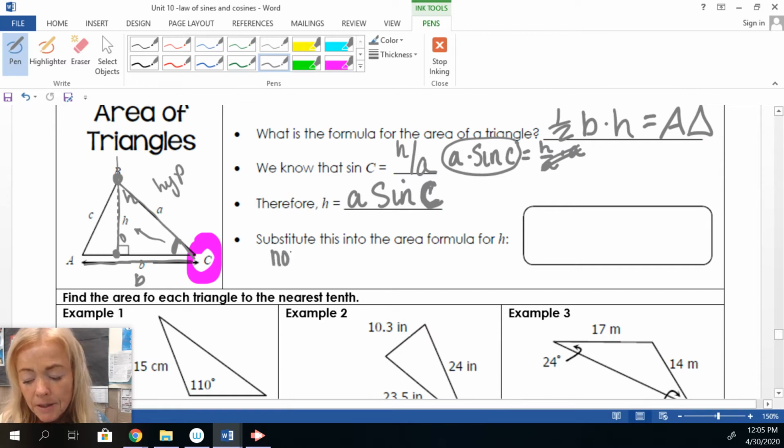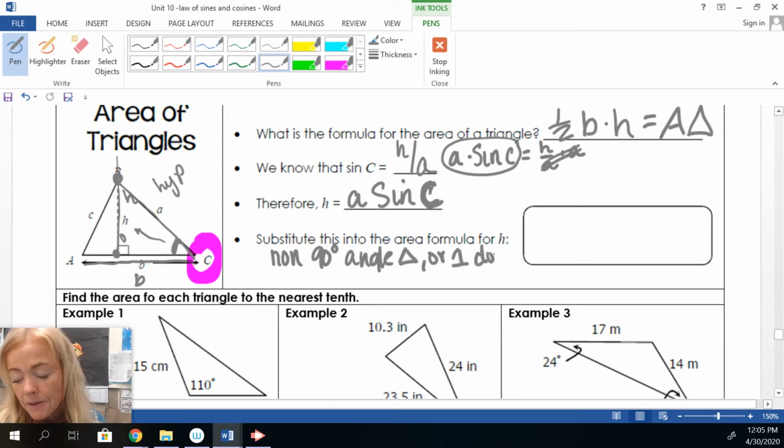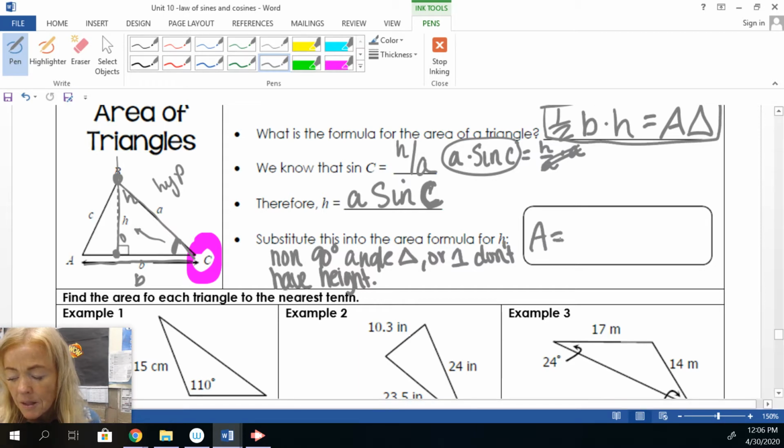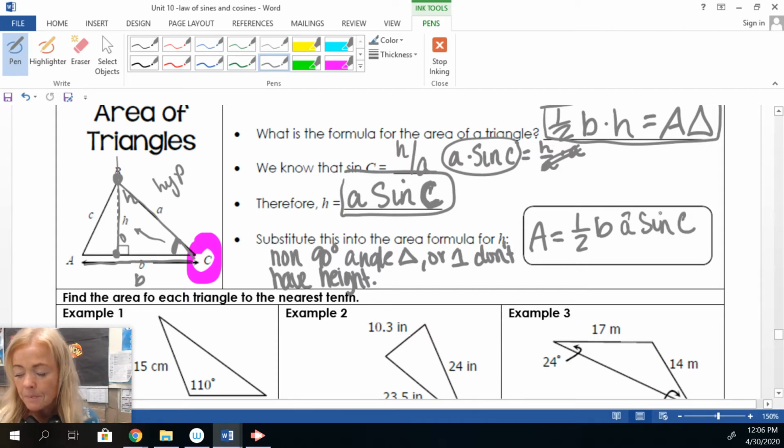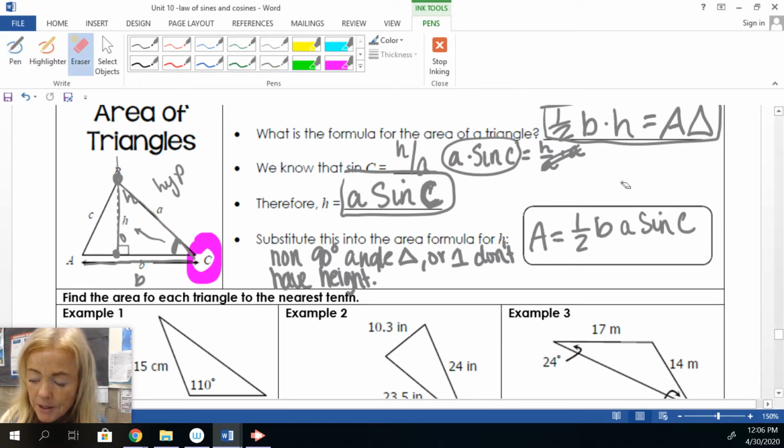So for a non-90 degree angle triangle, or one where you don't have the height, we have trig to help us with our actual area of a triangle, and we're going to use this formula: area equals 1/2 base, and then we replace height with A sine C. And that C is a big C, it's an angle C. That is going to be our area for a triangle.